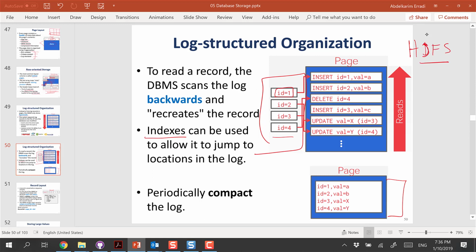Some of these databases use the HDFS file system. HDFS is an append-only file system. You cannot change things. You can only keep appending to the file. So this log structured organization is the only way possible to build a database on top of HDFS.